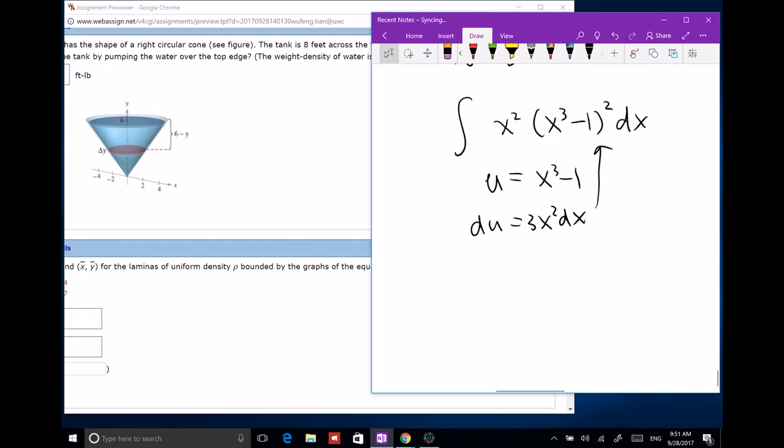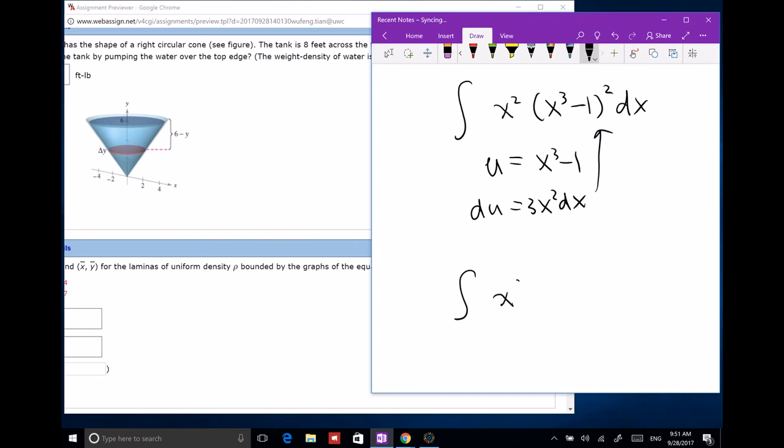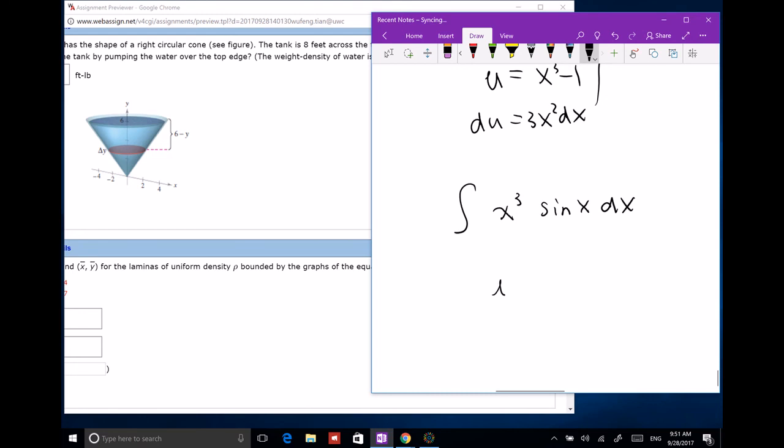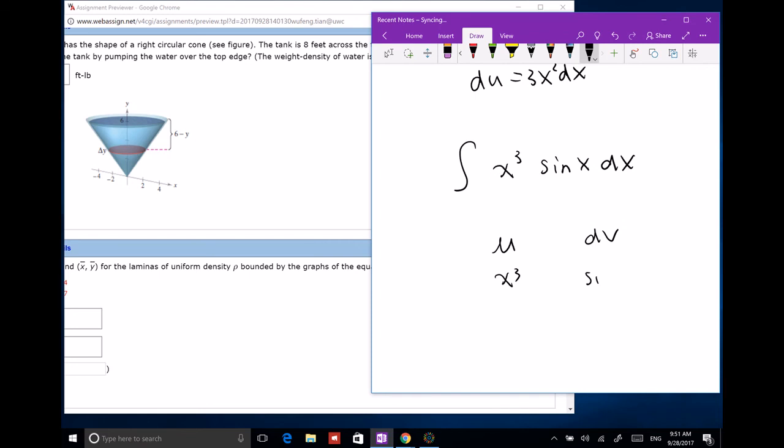And you also have a tabular method integral, which is, for example, x cubed sine x. And you just pick u and dv. U is x cubed, dv is sine x. Take the derivatives: 3x squared, 6x, and 6, 0.